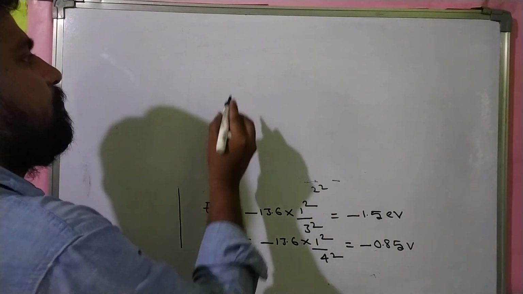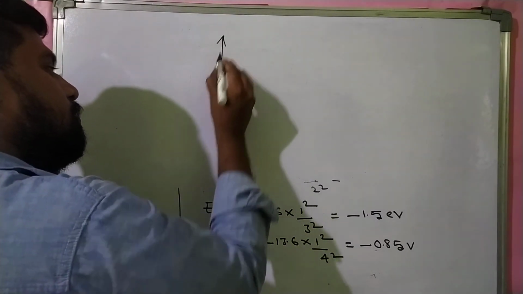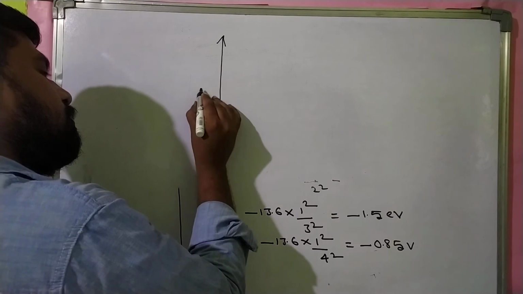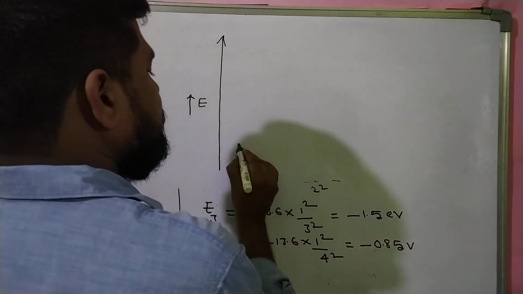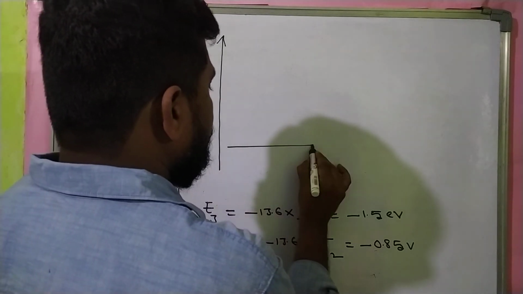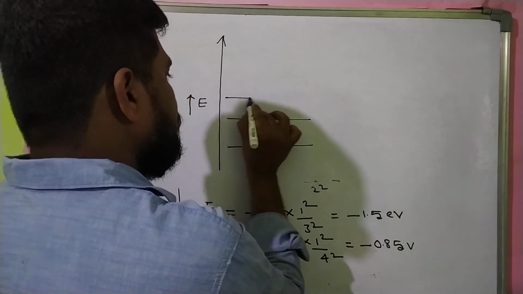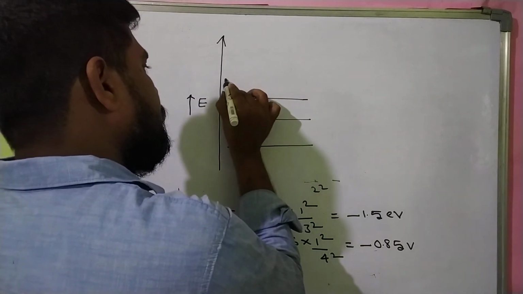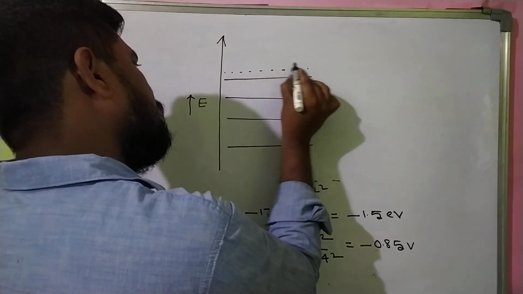Now listen. Here energy increases. This is the first orbit, this is the second orbit, the third orbit, the fourth orbit, and so on.